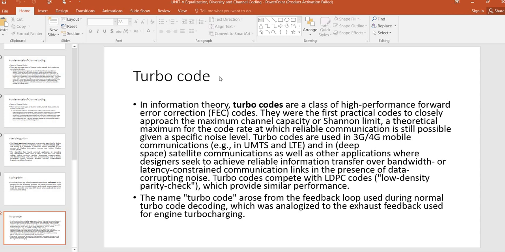Shannon is one of the algorithms for calculating the channel capacities.